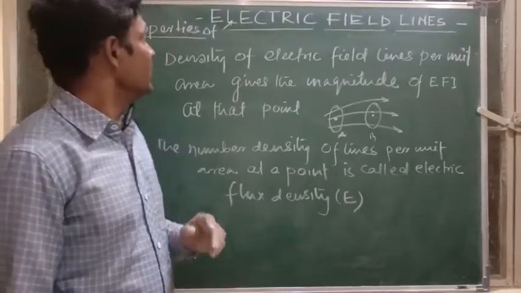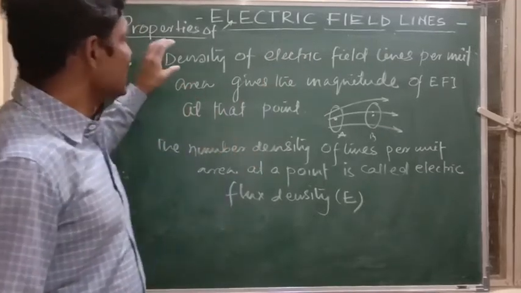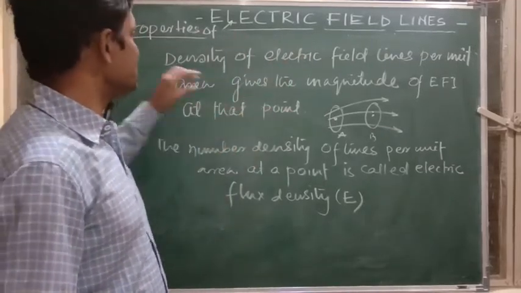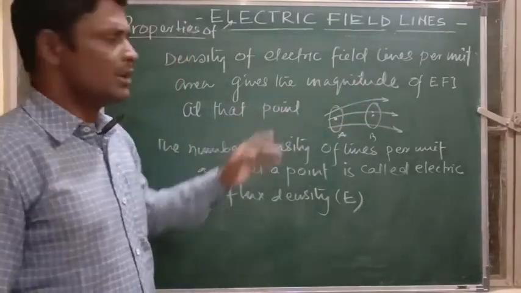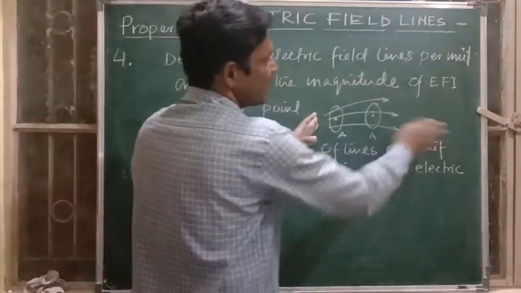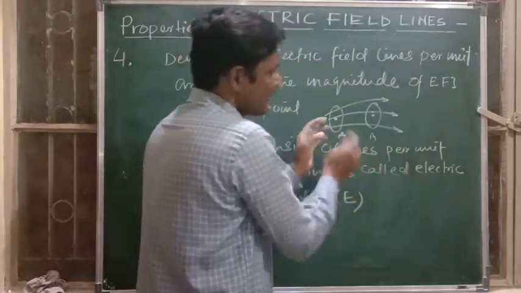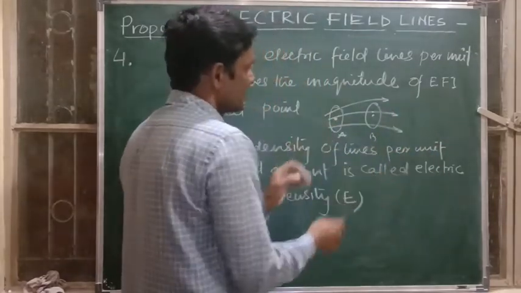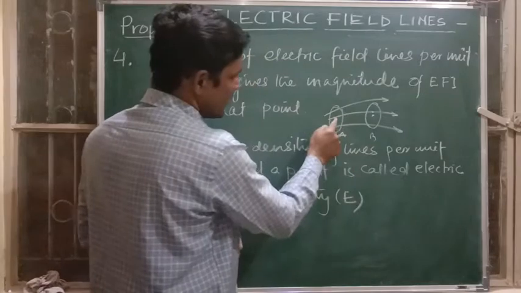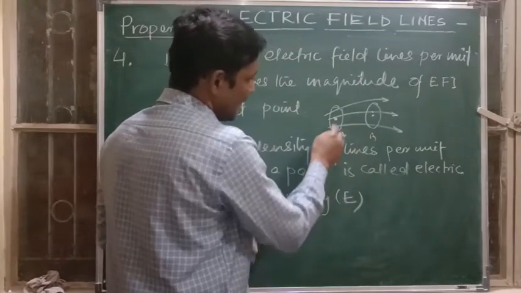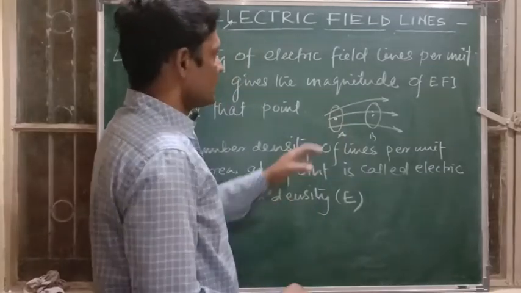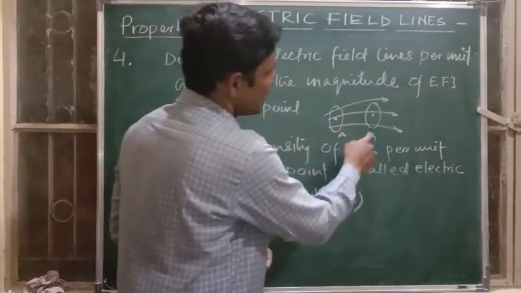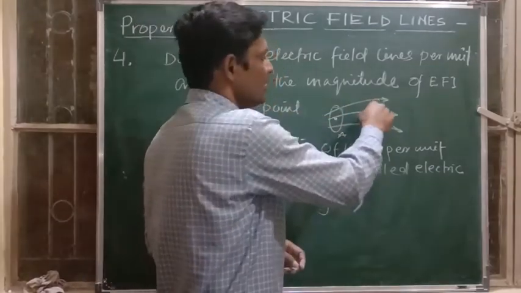The fourth property of electric field lines: the density of electric field lines per unit area gives the magnitude of the electric field intensity at that point. Suppose that I have drawn electric field lines, this is the region of the electric field and these are the lines showing here. I have taken two points, A and B. Around point A I have taken a unit cross-sectional area, and at point B I have also taken a unit cross-sectional area.